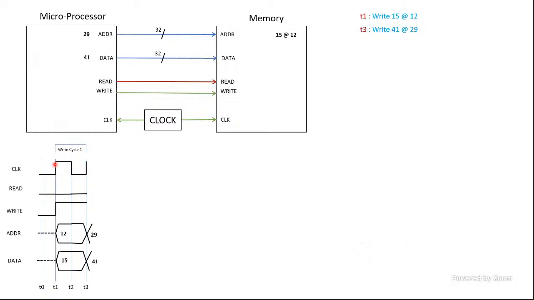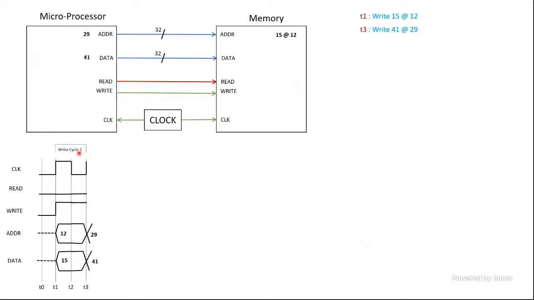That request came in at T1, this rising edge, from the processor. It is asking the memory to write the data 15 onto address 12. And at the T3 time point, memory completes that operation. So that's one write clock cycle.